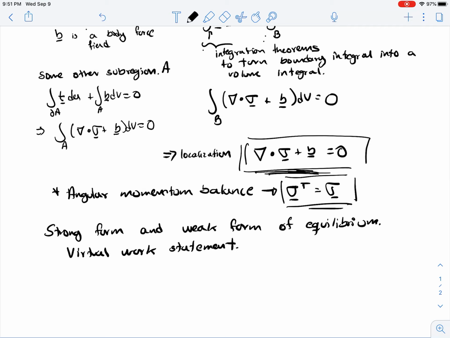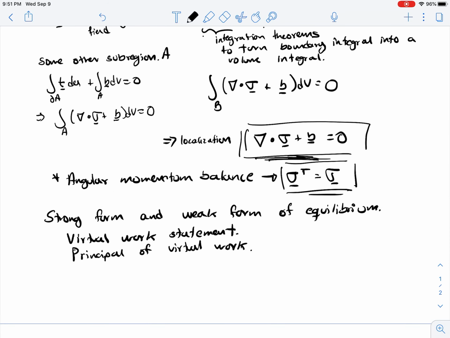That's actually what gets coded, and what is actually solved with the finite element method. So we start from the local statement, but we're going to go back to the global statement.